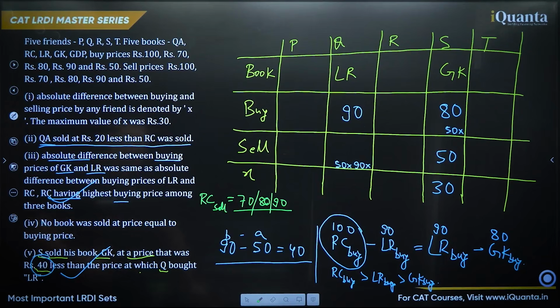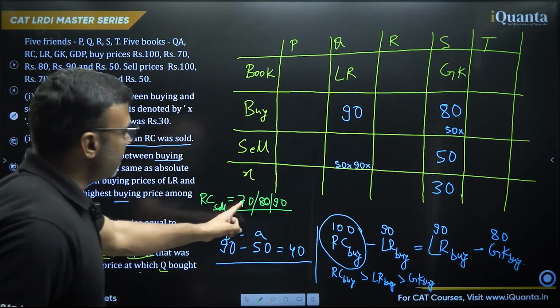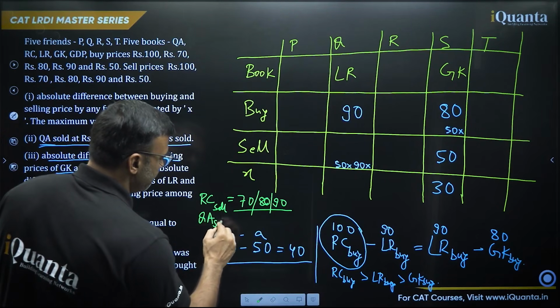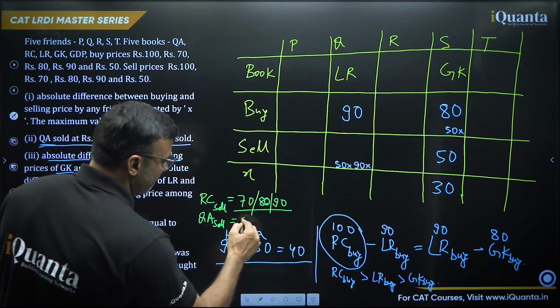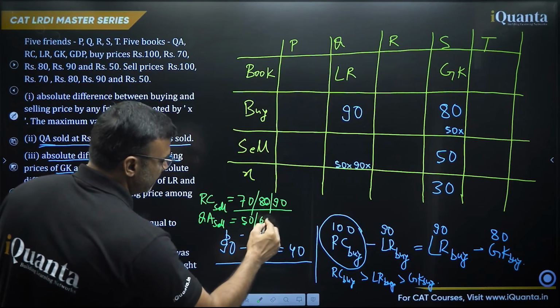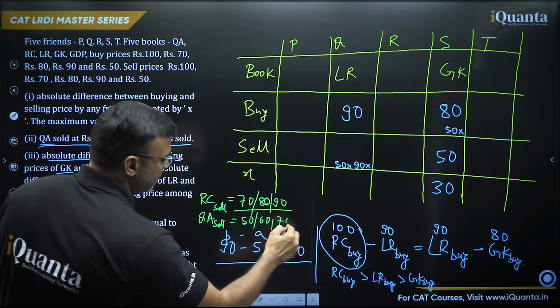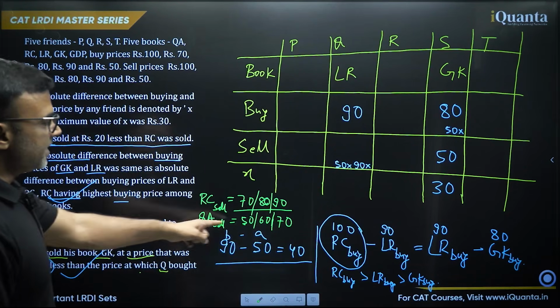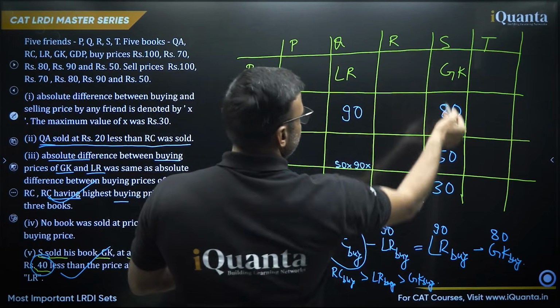Is there anything else that we can do? QA sold at 20 less than RC was sold. Now you see, if RC sold is 70, 80, 90, then QA sold price should be 20 less than 70, that could be 50. 20 less than 80, that is 60. 20 less than 90, that is 70. Now this is a very interesting point. Look at this carefully. QA selling price 50 is not possible because already GK selling price is 50.